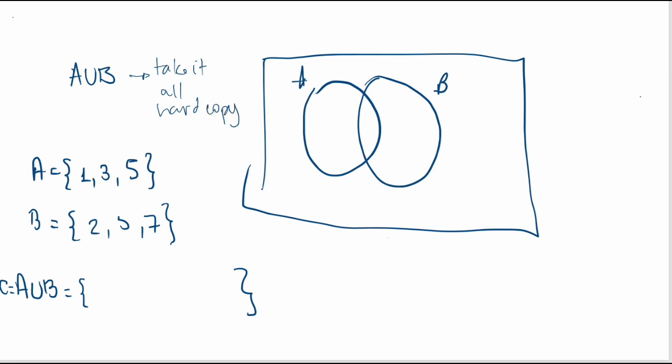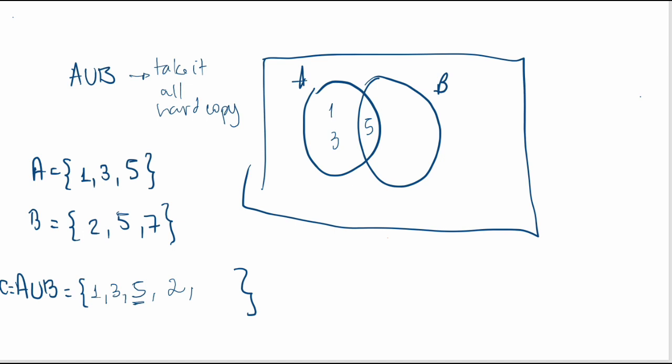So you will take everyone that sits in A, so 1, 3, and 5, they're sitting inside A. And you'll also hard copy everyone that is sitting in B. But just be aware that 5 was already copied, so you could hard copy 2, but you won't hard copy 5 again because 5 is here already.